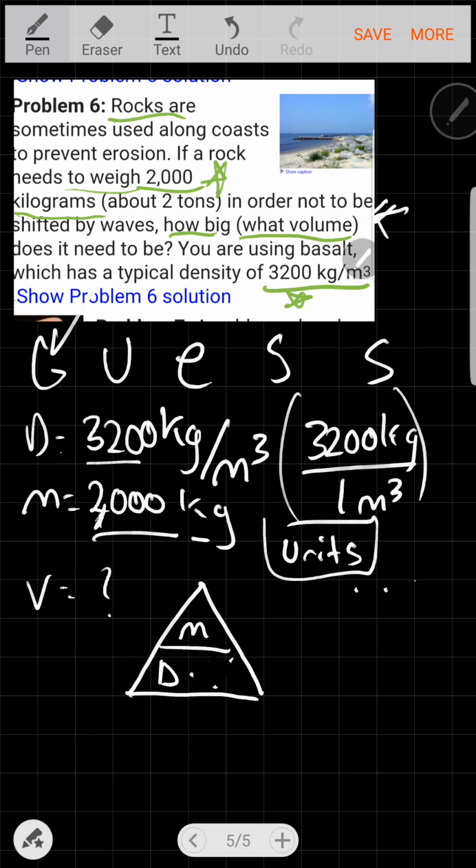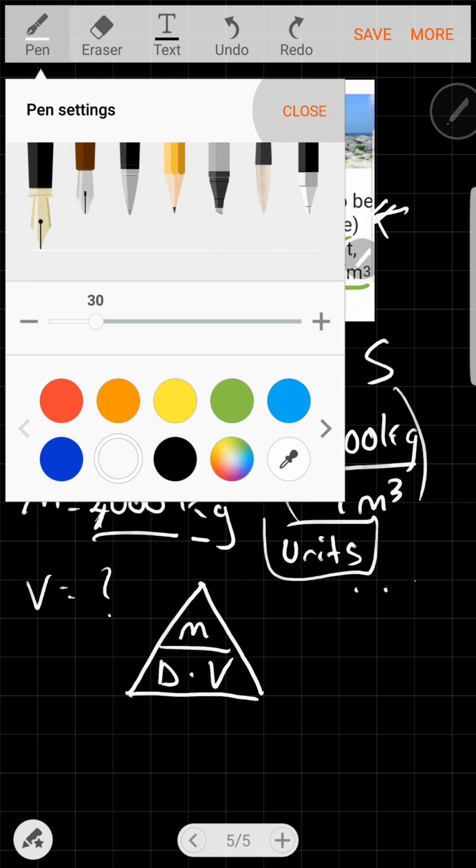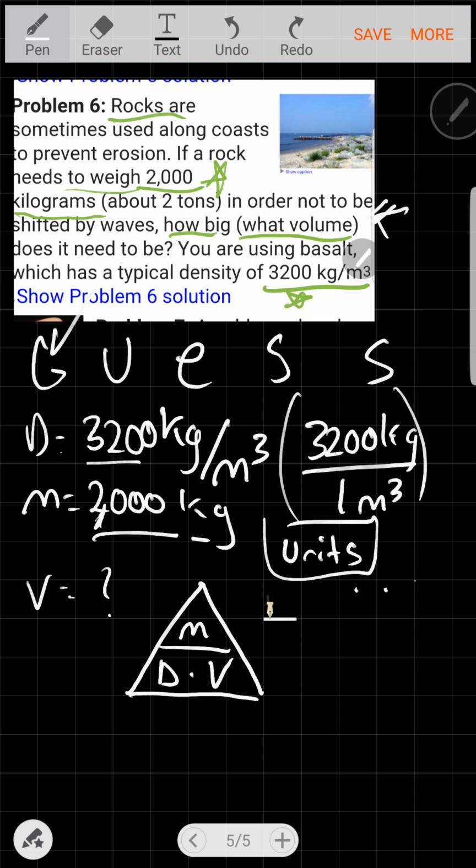So volume is going to be mass divided by density. So I'm going to write that in the equation format. We got our unknown, now we need the equation. V equals mass over density.